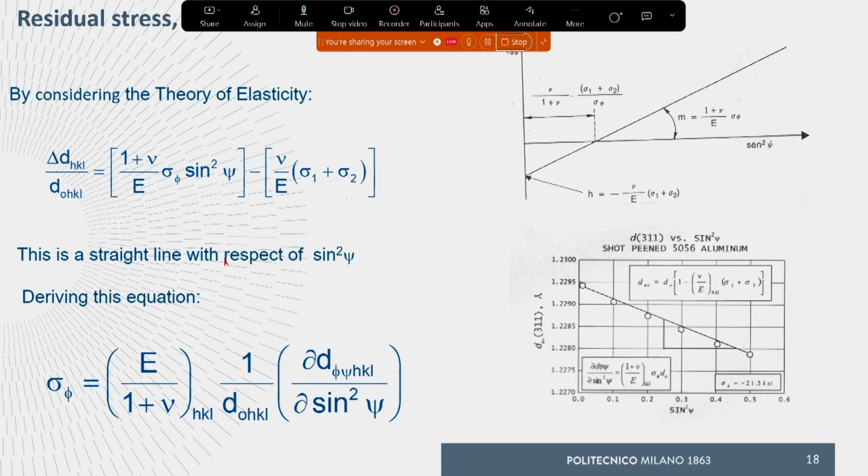Is the concept clear? So we use different angles of attack, let's say psi angle. For each angle we are measuring a diffraction peak, theta, and by means of the Bragg law, we can relate this to the lattice spacing.